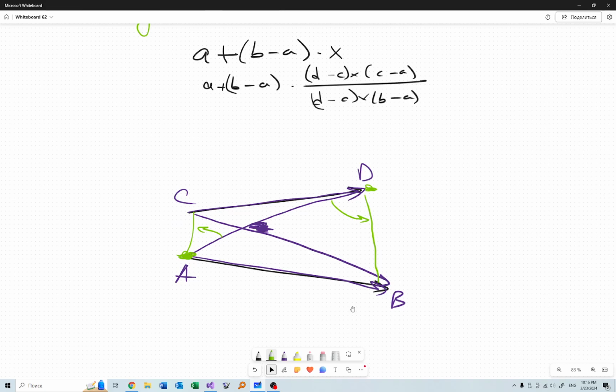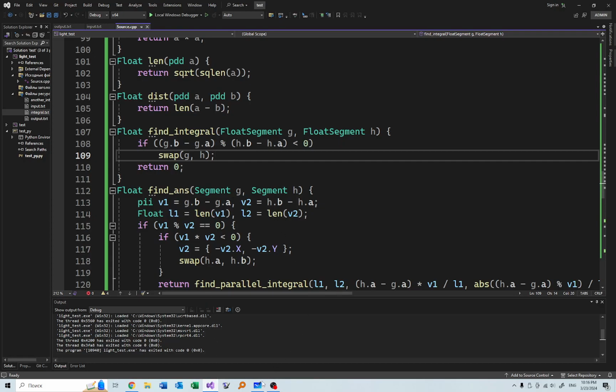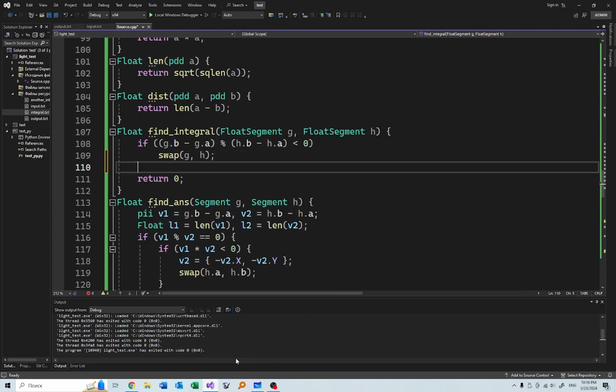To understand where it ends, we simply need to take these two segments and take a vector product of them. Okay, so let's take the vector product.